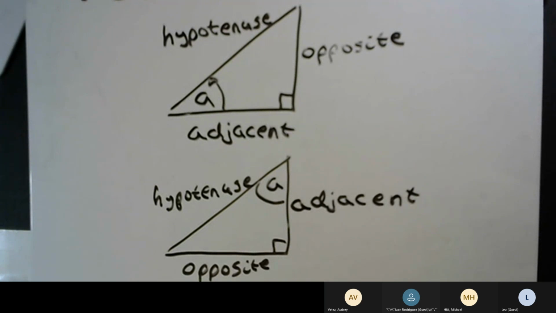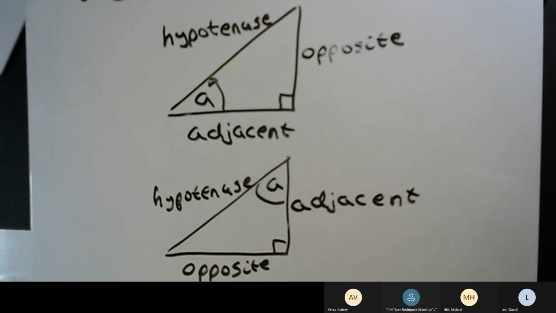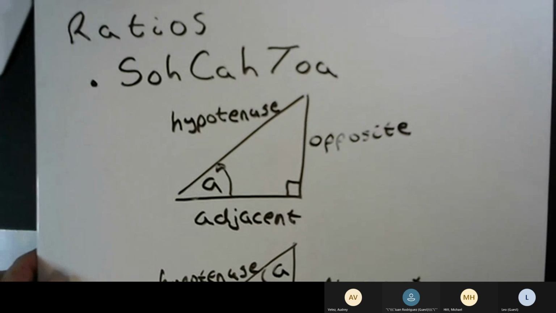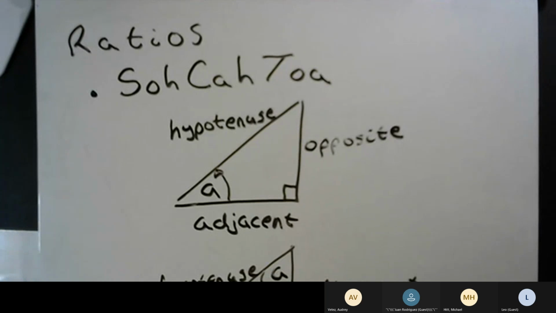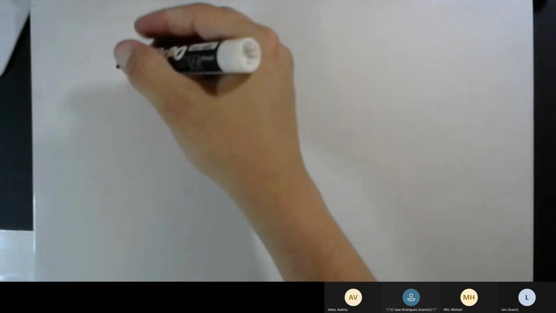So now we can talk about the ratios. And when we talk about the ratios, hopefully this makes a little more sense, this SOHCAHTOA thing. Any questions? All right. So let's talk about these.